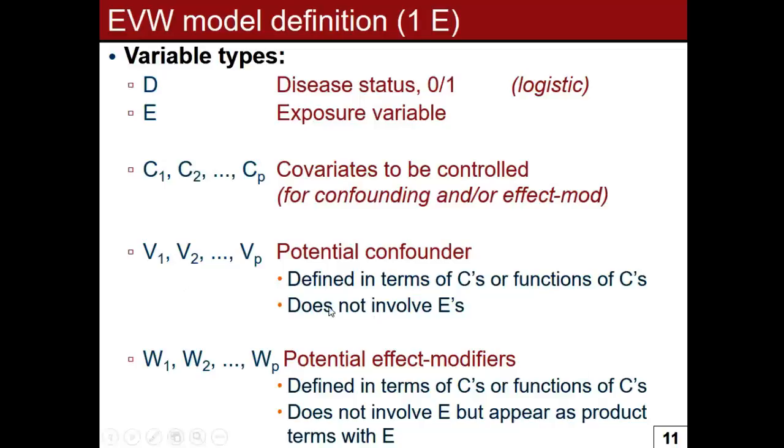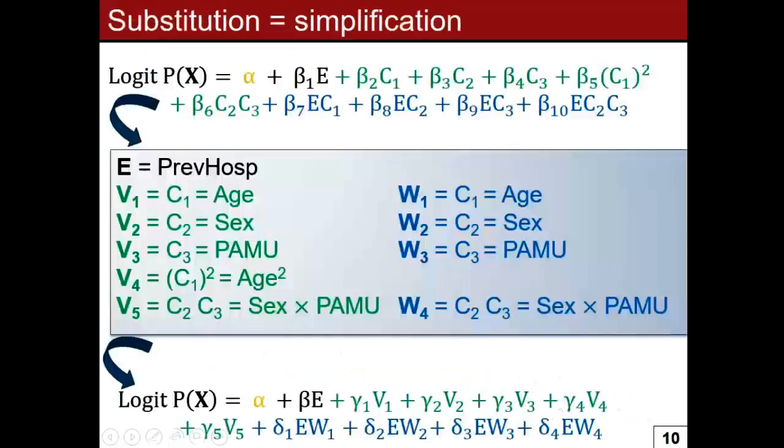They do not involve the exposure. And then the W's are the potential effect modifiers that are also C's, or functions of C's. You don't include the exposure in defining them, but they're always multiplied times the exposure. So here, E times W4 means E times C2, C3.